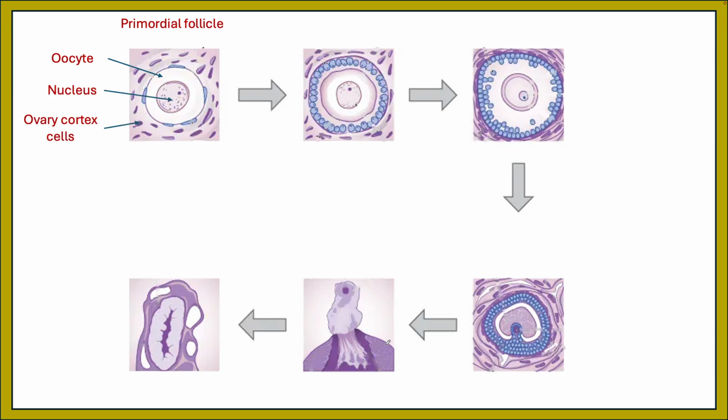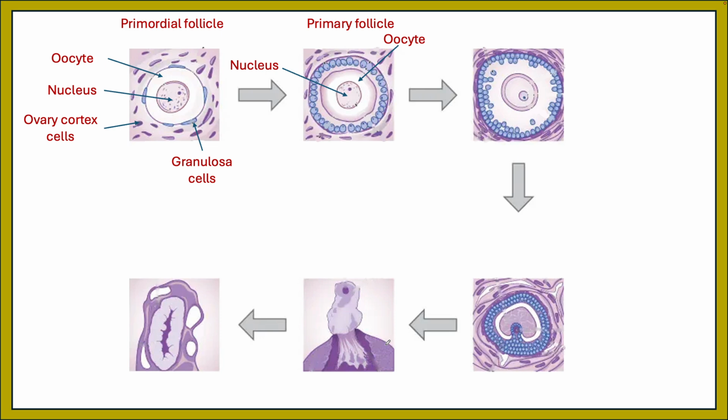You can see the nucleus of the oocyte and the ovary cortex cells lying outside of that. The granulosa cells are going to be supportive cells that go around the primordial follicle. The primordial follicle is going to give rise to the primary oocyte, or the primary follicle.